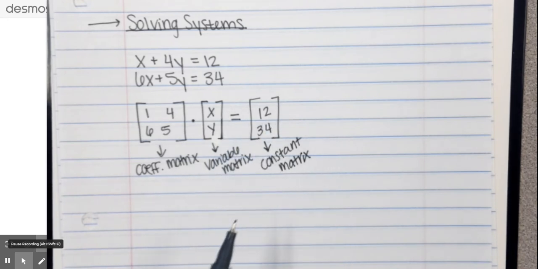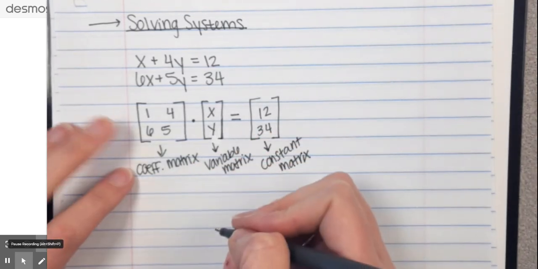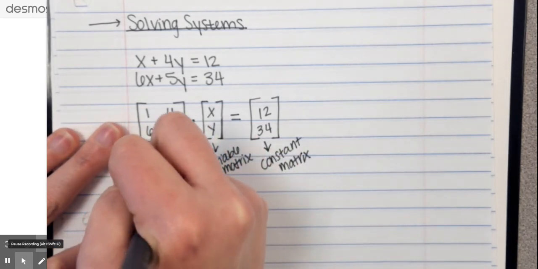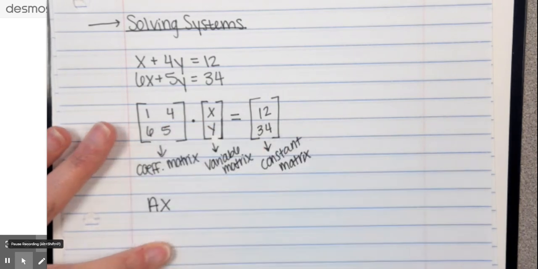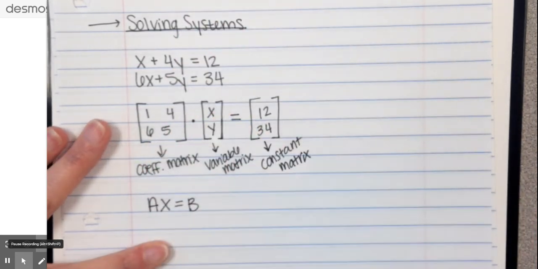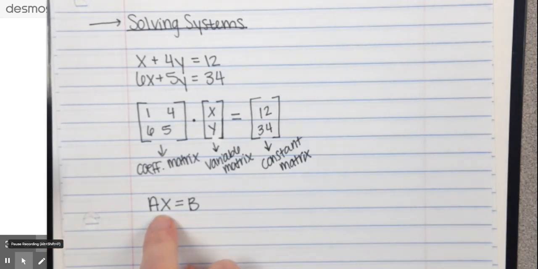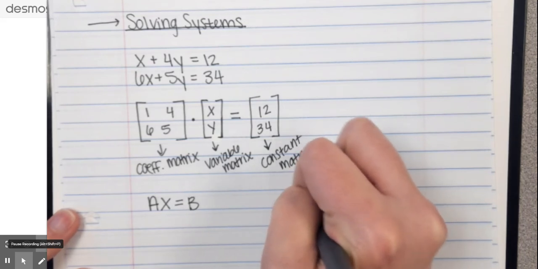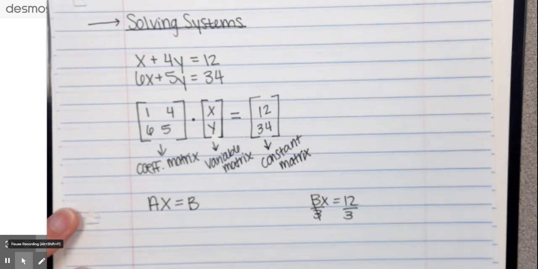Now, if we were going to solve this using inverses, we could say this is matrix A, your variable matrix is matrix X, and then that equals a constant matrix B. So this is kind of like a one-step equation. If you had 3x equals 12, we would just divide both sides by 3, right?